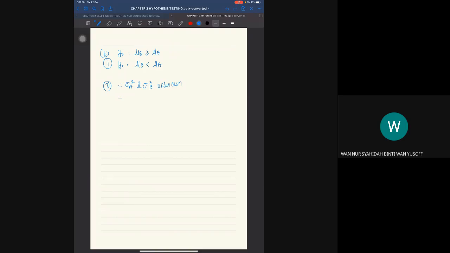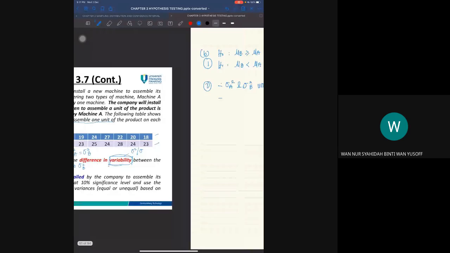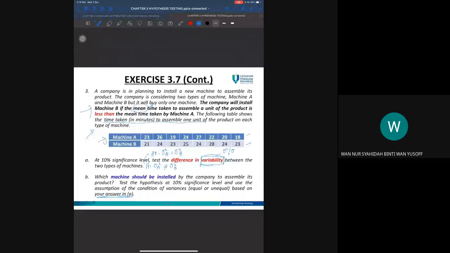So based on this question, how do we know the equality of the population variance? Is it mentioned somewhere in this question? No. How do we know that condition? The rest of you, you can participate, you can answer. Based on the A question, because in the A question, we test the equality of the population variance.